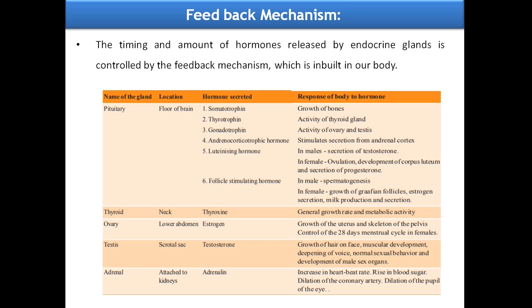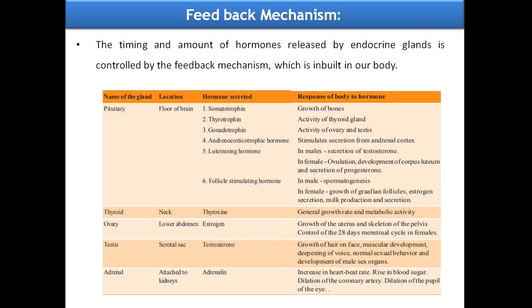The corpus luteum is a hormone secreting structure developed in our ovary after ovulation, which secretes the hormone progesterone, but it degenerates unless pregnancy has begun.